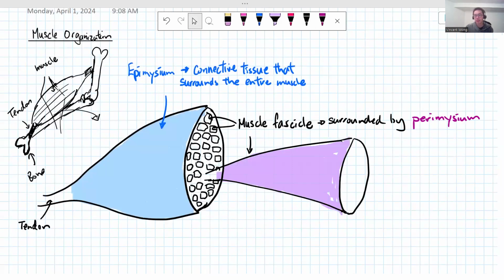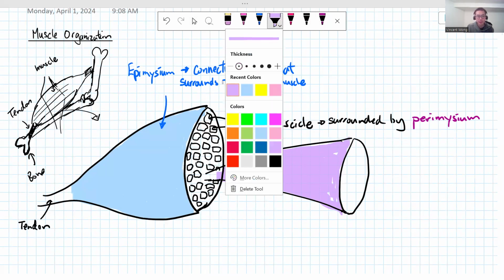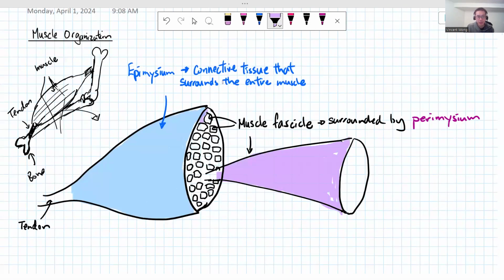It should make sense to you. Which means immediately underneath the epimysium, you will be able to see this one has the perimysium. This one has the perimysium. Each of them is surrounded. Each of the fascicles is surrounded by its own connective tissue, right? The perimysium.